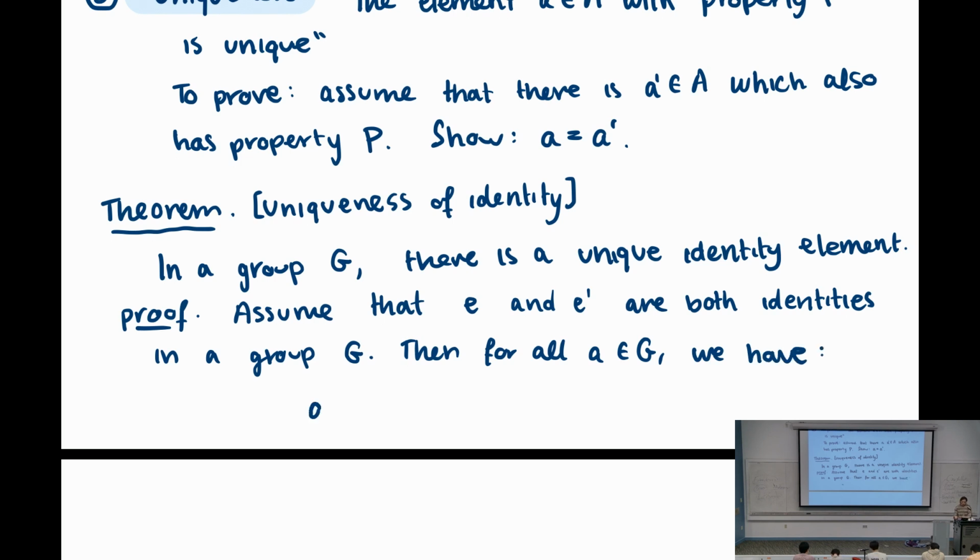We know that a times e is equal to a, and we also know that e prime times a is equal to a, since e and e prime are identities.